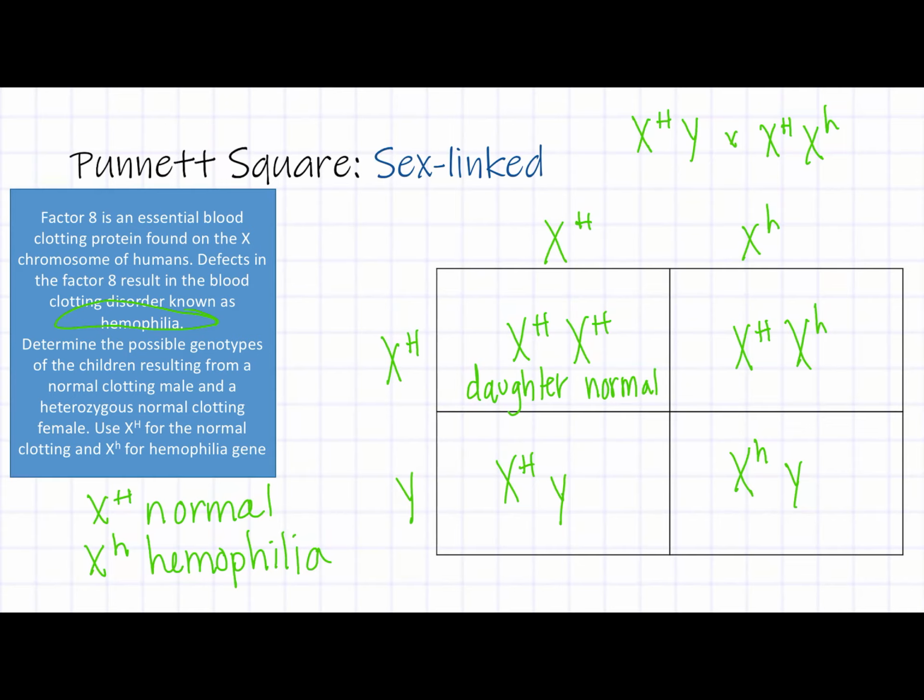They have a 25% chance of having a daughter who's a carrier, meaning she's heterozygous but does not have hemophilia. They have a 25% chance of having a son who's a normal clotter, and a 25% chance of having a son with hemophilia. So on these genes where it's recessive, you more often see these appear in the men because they only get one copy of the H. So if their mother is a carrier, they have a 50% chance of having hemophilia themselves.